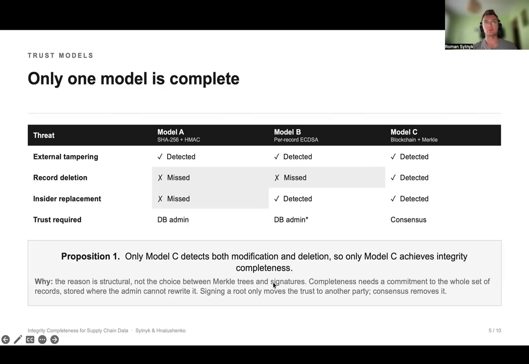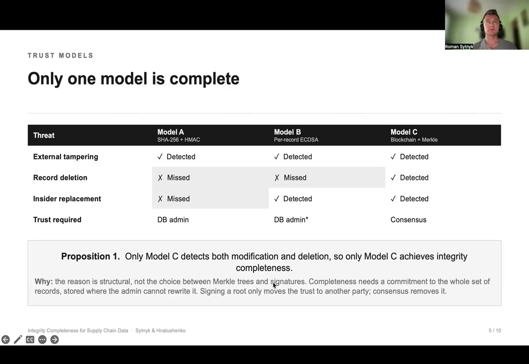Proposition 1 states this formally. Only Model C detects both modification and deletion, so only Model C achieves integrity completeness. The reason is structural, and it doesn't depend on the choice between Merkle trees and signatures. Completeness requires a commitment to the whole set of records, stored where the administrator cannot rewrite it.